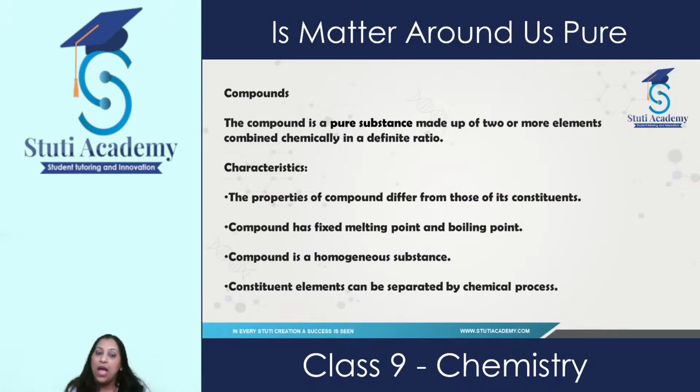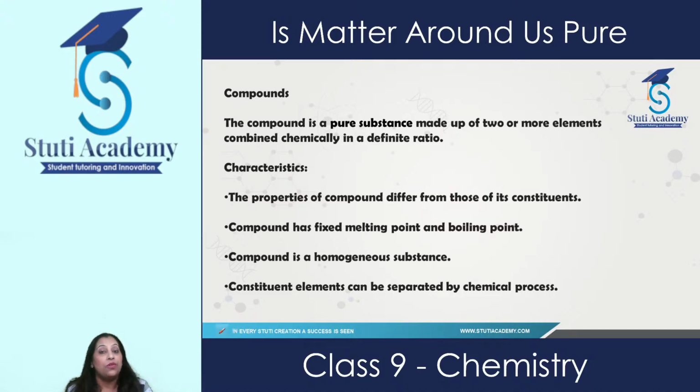And what are compounds? This also I explained. Compounds are substances in which two or more elements combine together in a definite, fixed ratio, and we call them compounds. And what are their characteristics? The new substance or product obtained after combining two or more elements has properties entirely different from those of the elements involved in its making.